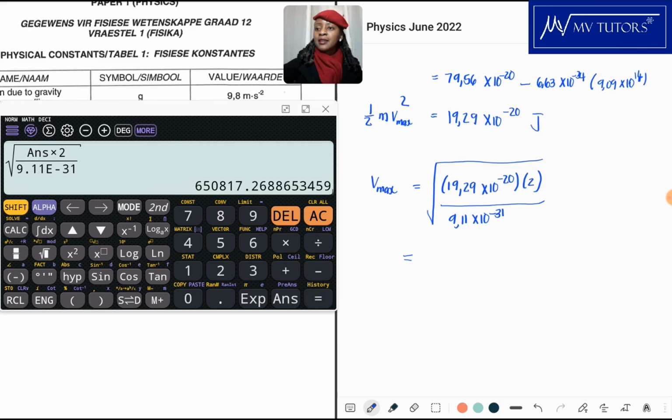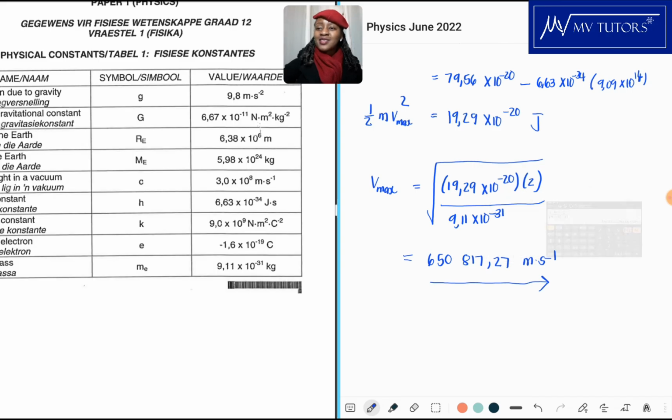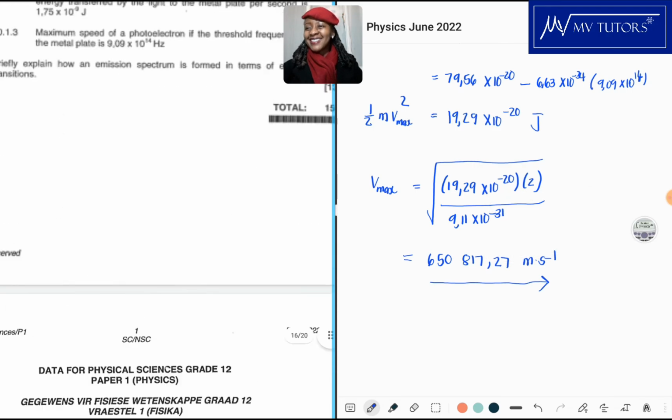Alrighty, and then the answer is 650,817,27 meters per second. They're quite fast, hence we can't see them with the naked eye. They're so minute as well, so we can't really see electrons.